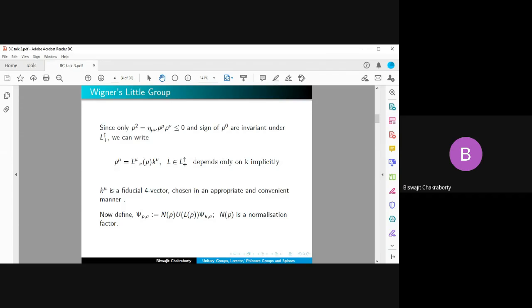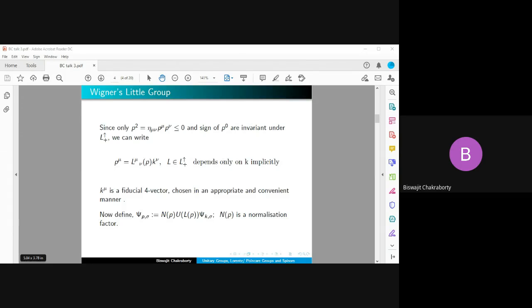So here also, if you consider all massive particles of the same mass, that means they belong to the same mass shell, all the points p^μ, if they correspond to momentum, can be connected by some Lorentz transformation from some fiducial choice.